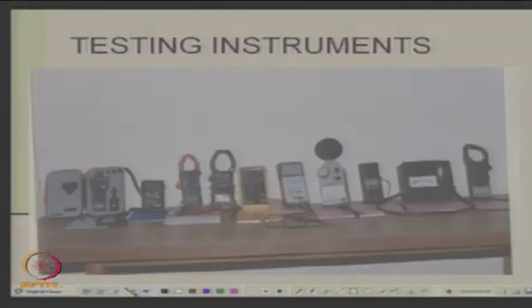Now, these are some photographs of the latest test instruments that are used for different quantities. As you said, these are the clip-on meters. You clip them over the wires, like tong testers.